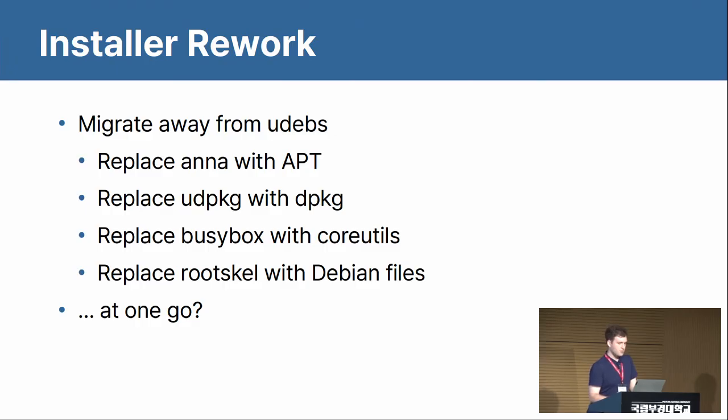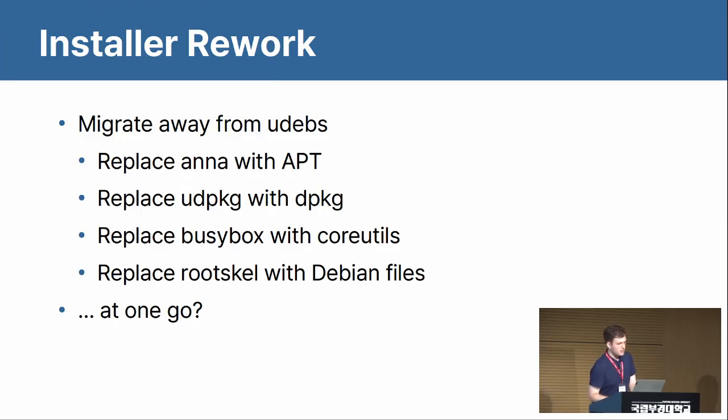Maybe we might need to do that atomically, and I really don't know what problems might come up here, and that would essentially almost complete the udeb migration. I don't know if there's anything left at that point.